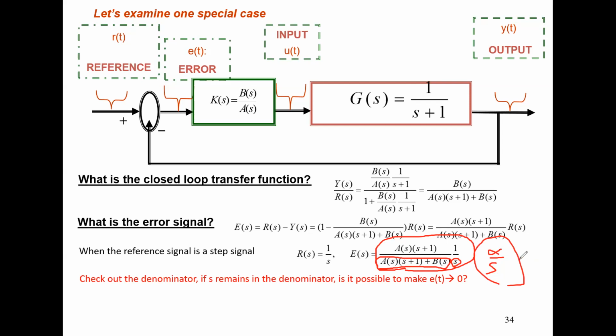There is only one possibility to make this E go to zero: you make those s disappear, make it vanish. So how can you make it vanish?